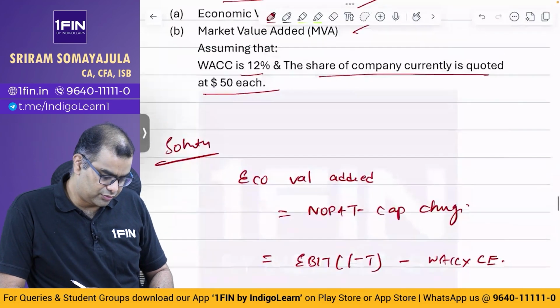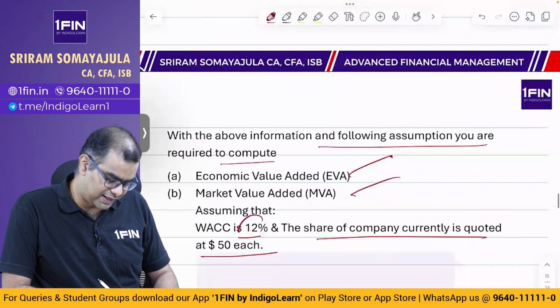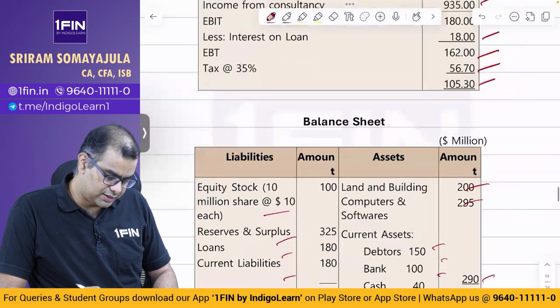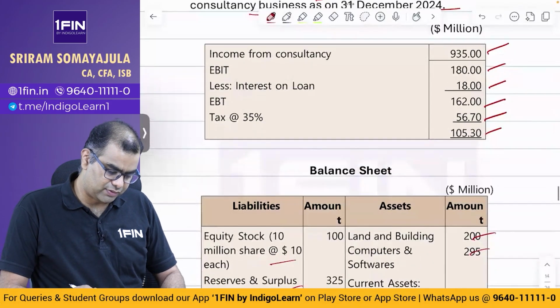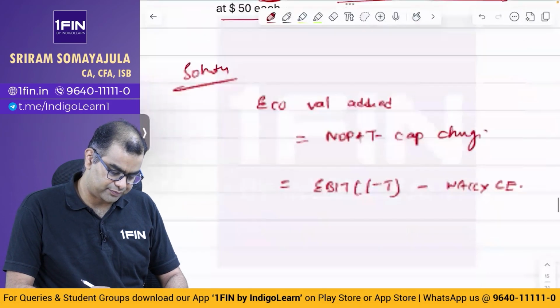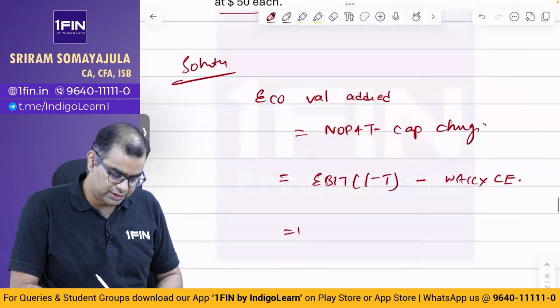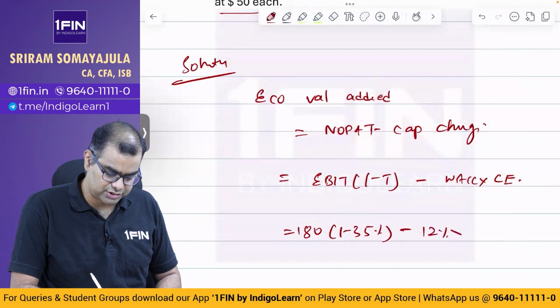Do we know the EBIT value and the WACC? WACC they have said is 12%. Then what is EBIT? EBIT is 180. So 180 into (1 minus 35%) minus WACC of 12% into capital employed.